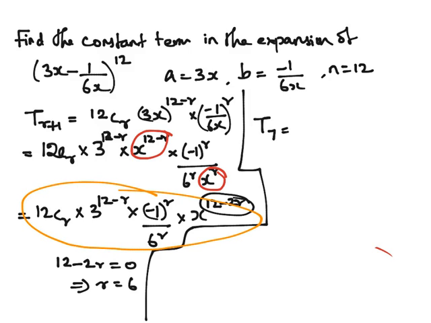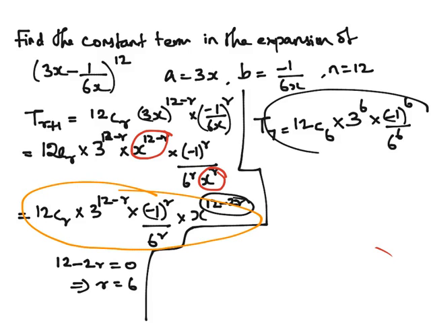So you get 12C6 multiplied with 3 power 6 multiplied with minus 1 power 6 by 6 power 6. And I have not written x because obviously there won't be any x term. So this is the answer. You can simplify it further using a calculator. Okay, I hope this problem is clear.